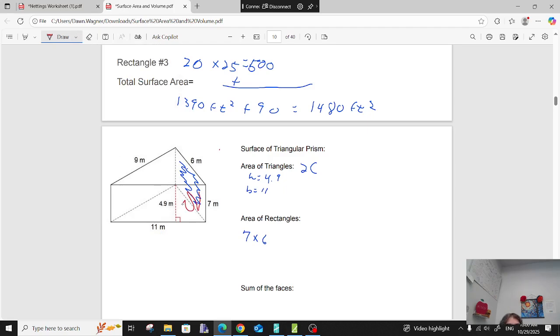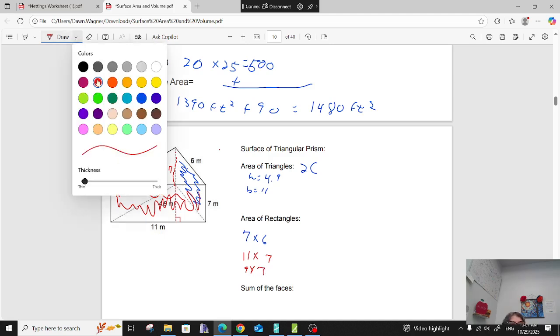And then I have this one over here, the one that's sitting on. 11 by 7. And then what's the other one? It's 9 by 7, because here's your parallel side. This is 7, and then this is 9. Yep, 9 by 7.